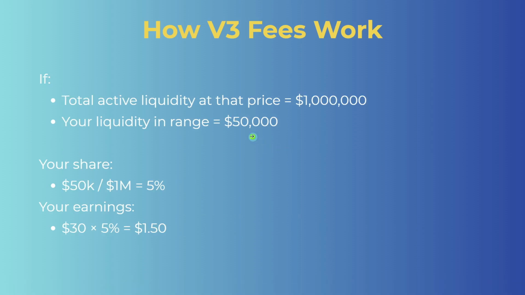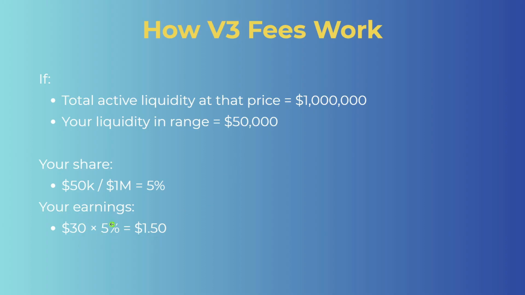And so, if the total active liquidity at that price is, let's say, $1,000, our liquidity in the range is 50,000, our share will be 5%, and our earnings will be $1.5.